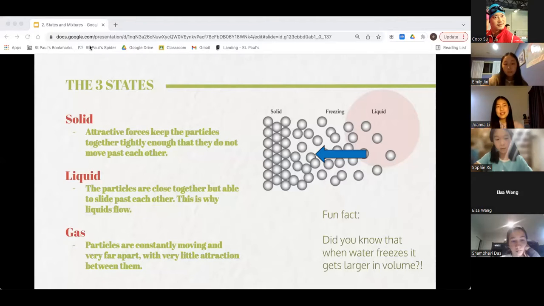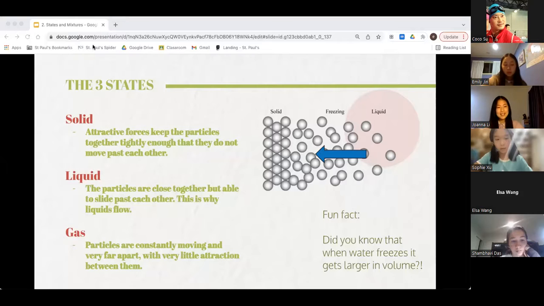In a liquid, the particles are still pretty close together, but they can move past each other, a bit like marbles rolling around in a bucket. They flow past each other, and that's why liquids fill up the space and we can pour them around.